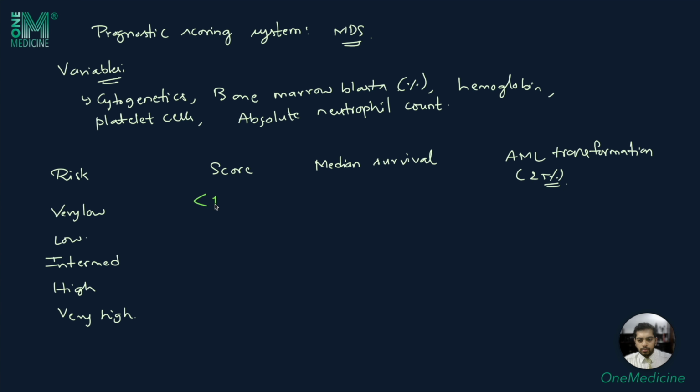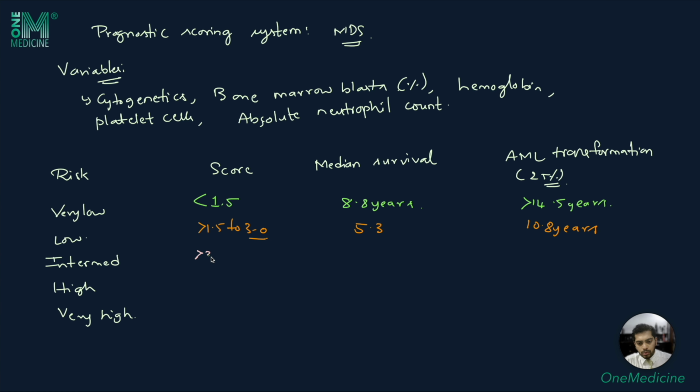A score of less than 1.5 is considered very low, and the median survival of such patients is 8.8 years. The time required for 25% of the patients to convert into acute myeloid leukemia is more than 14.5 years. A patient with a score of more than 1.5 to 3 is considered low, and these patients have a median survival of 5.3 years, with 25% of these patients becoming leukemic in 10.8 years.